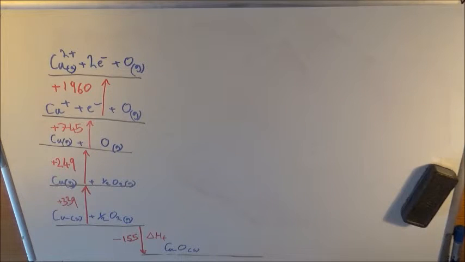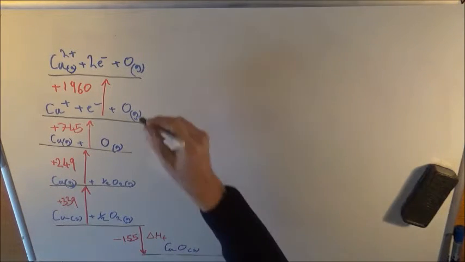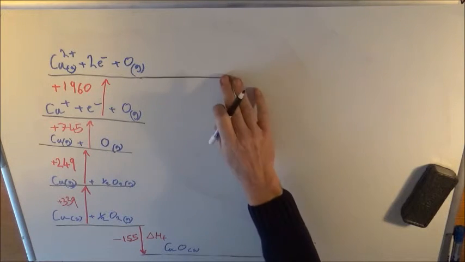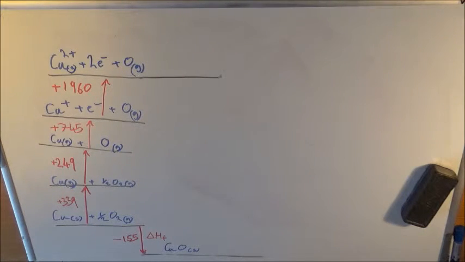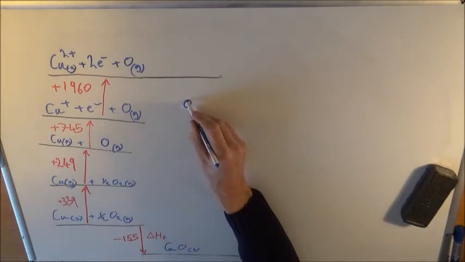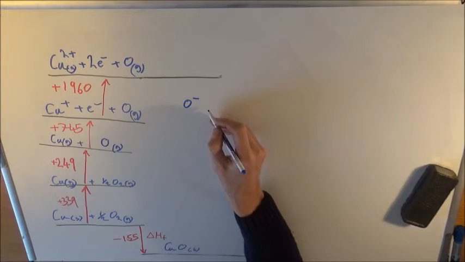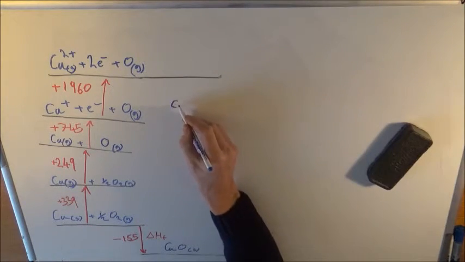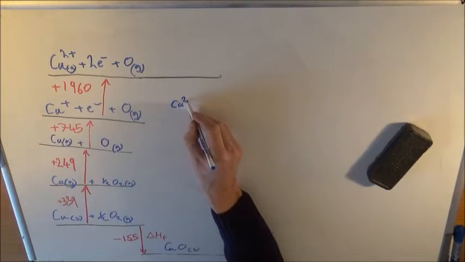We've got to start putting electrons onto the oxygen to make the O2 minus ion. Now, adding the first electron to oxygen gives us the O with a single minus. In fact, I'll write first of all the copper. We've not done anything to the copper, so the copper is Cu2 plus in the gas state.